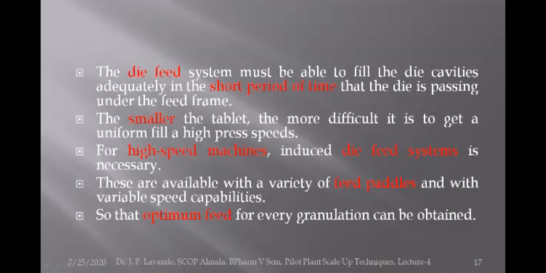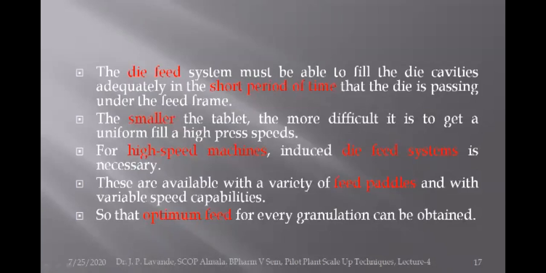The smaller the tablet, the more difficult it is to get a uniform fill at high press speeds. If the tablets are small, obviously the die cavity will be small. So based on the die cavity we need to adjust the feed rate, because for small tablets it will require the very least amount of powder material or granules.